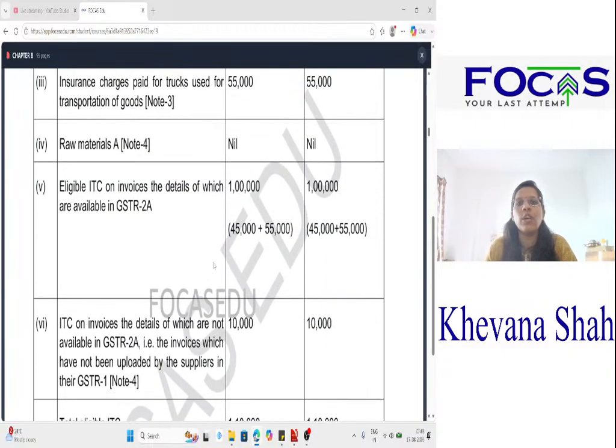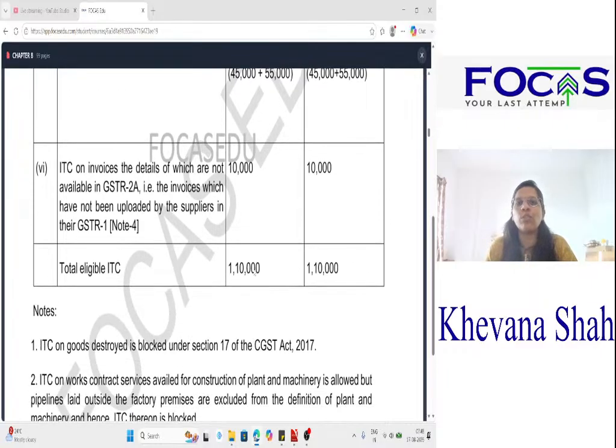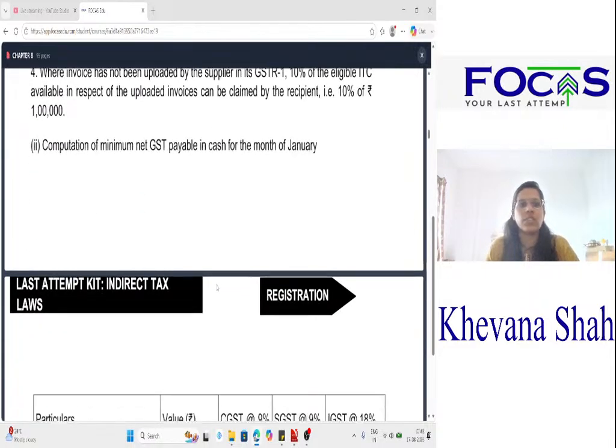So 10% of this 1 lakh, that is 10,000 of ITC, you will be allowed to claim. So your total eligible ITC is 1 lakh 10,000 each.